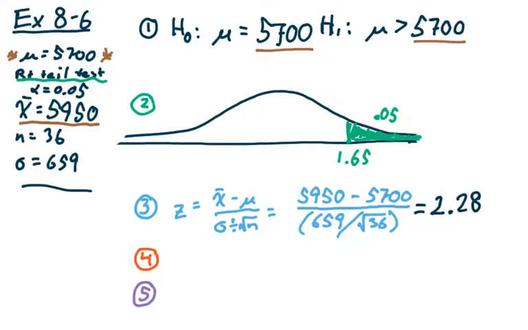And then, in order to make the decision, here's what we do. We say, okay, where is 2.28? This is a Z value, so where is it on our Z axis? It is right here. There's 0, there's 1.65, there's 2.28.